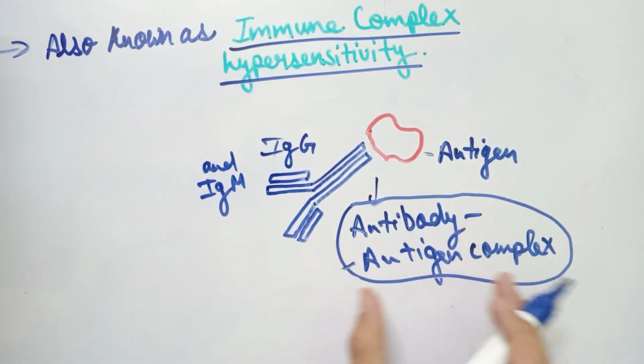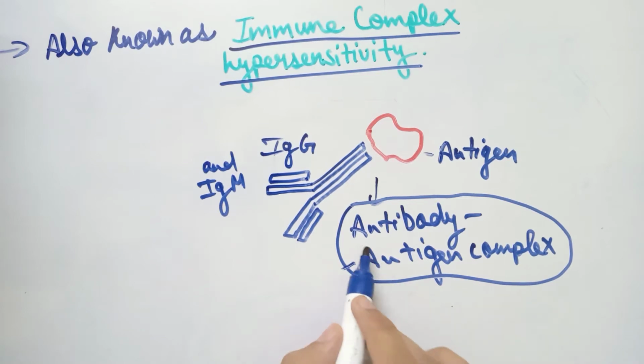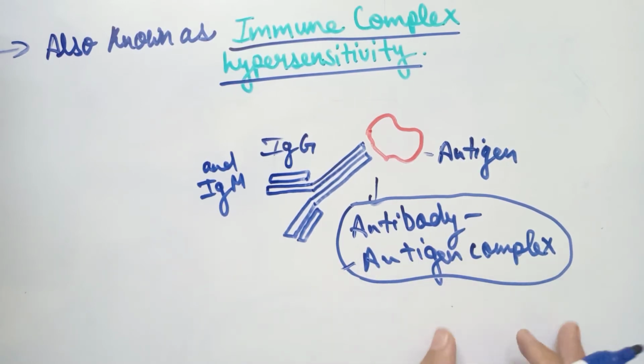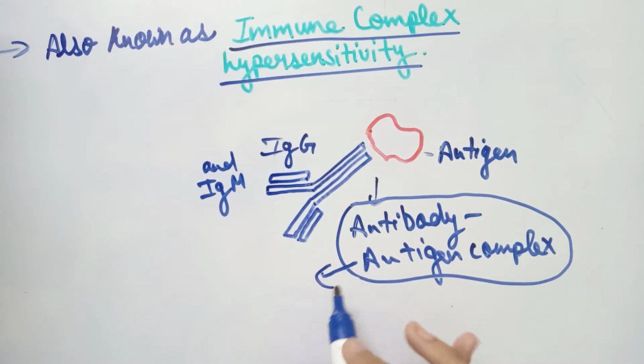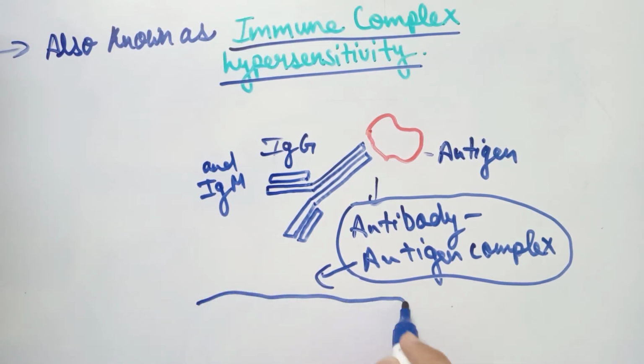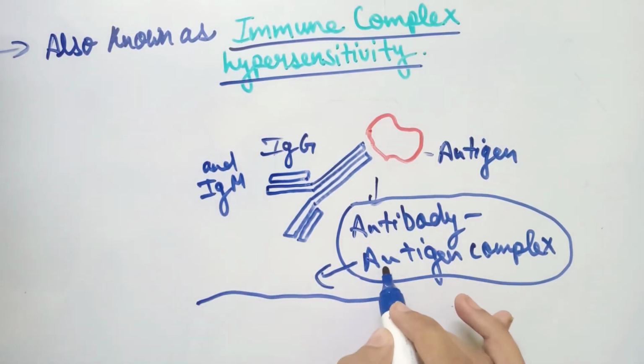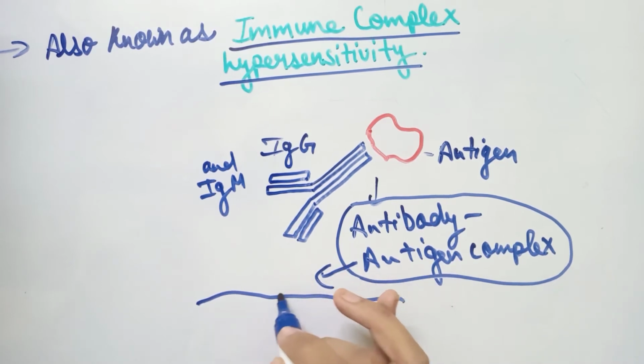After the antibody antigen complex is formed, this antibody antigen complex still persists in the body of the individual, and these antibody antigen complexes which persist then go to the tissues. So this antibody antigen complex goes between the tissues of an organism.